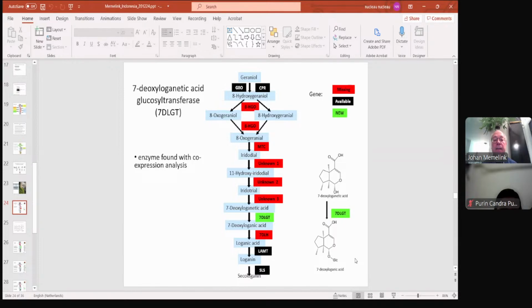It's a glucosyl transferase, so it attaches a sugar group to the molecule. This enzyme was found by this co-expression analysis method. And indeed, one of the candidates catalyzed this chemical conversion.